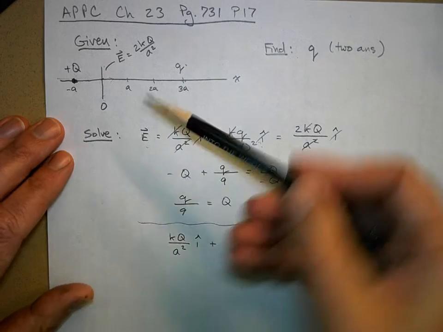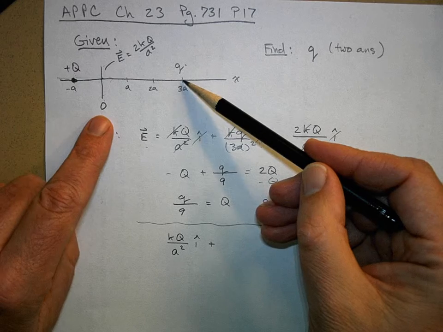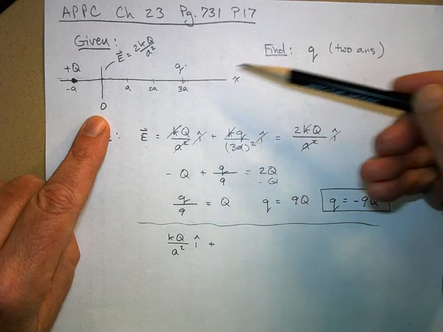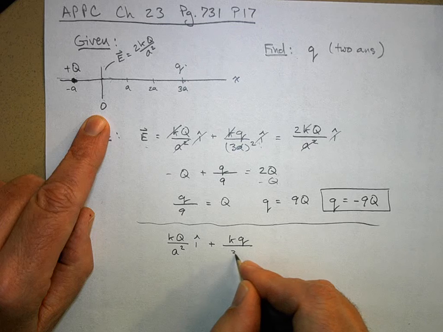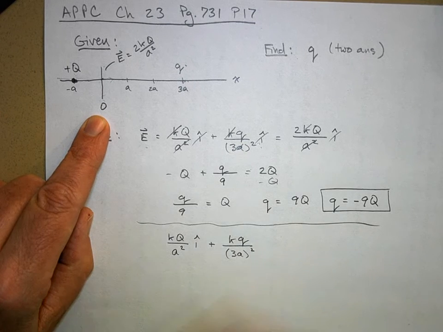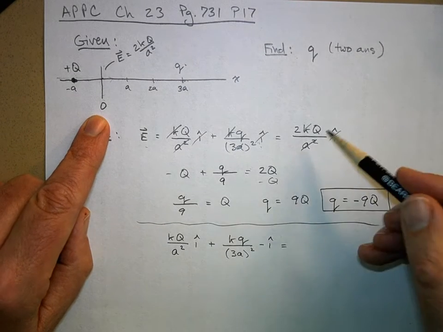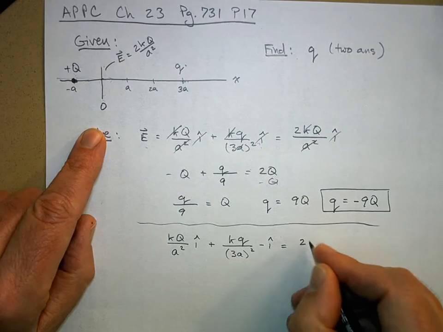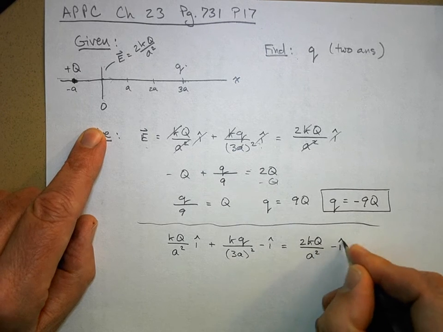Plus, now, in order for this to be to the left, the electric field from this point charge also has to be to the left. So we're going to make that a positive charge. But the direction of it, so we're going to go kQ over (3a) squared, but that's going to be in the negative i hat direction. And then that's going to be equal to, now we just said that this right here is going to be to the left, so it's going to be 2kq over a squared in the negative i hat direction.